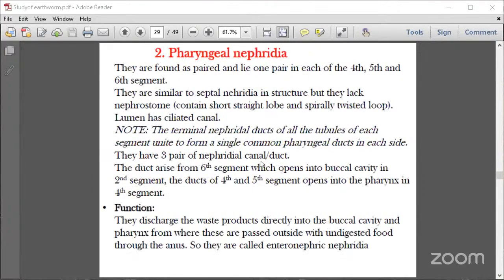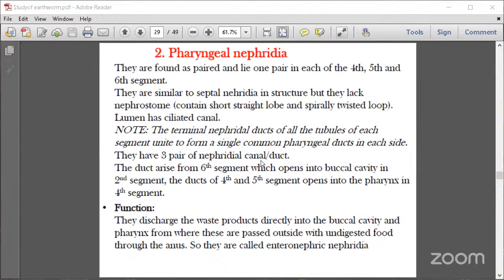So the second one is pharyngeal nephridia. They are found as a pair and lie one in each of the fourth, fifth, and sixth segments. They are similar to septal nephridia in structure, but they lack a nephrostome.